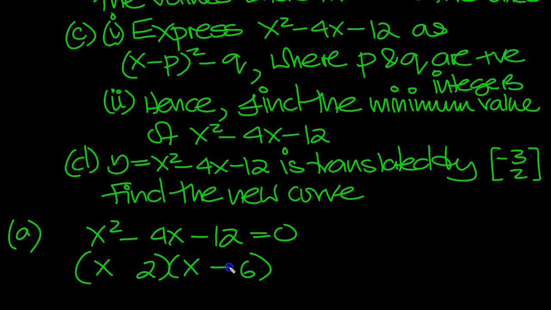This is a minus, so this needs to be minus, this needs to be plus, equals 0. Double check it, x squared, minus 6x plus 2x gives minus 4, and then plus times minus is a minus 2 6's for 12. So that's factorized. And that tells us that x equals minus 2.